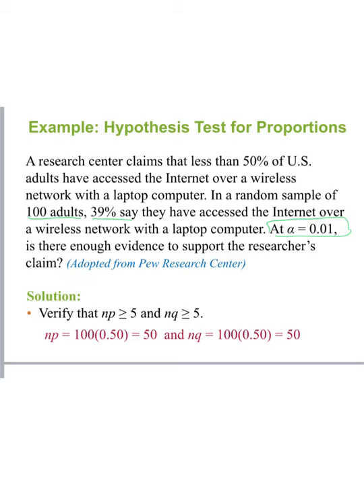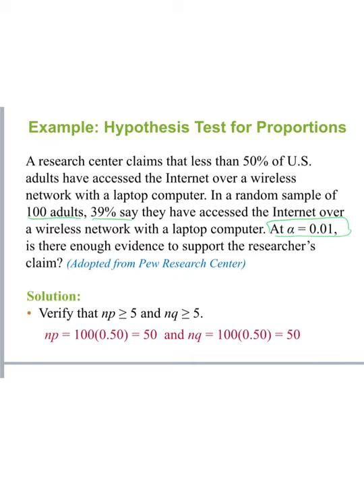So first we're going to verify that n times p is greater than 5 and n times q is greater than 5. Remember these values: n equals 100, sample p-hat is 0.39, and alpha is 0.01. We're going to test it and read the claim again.